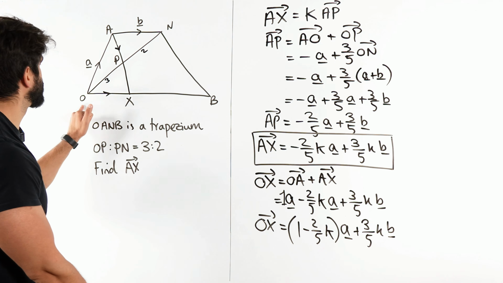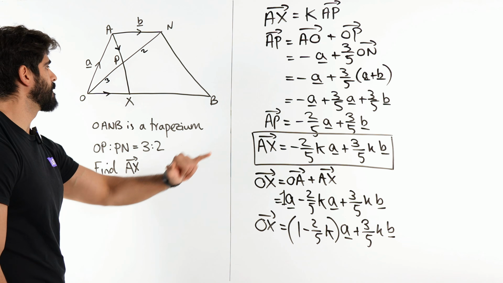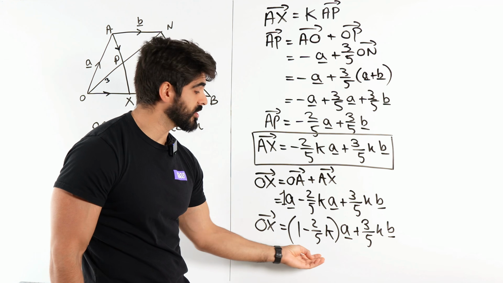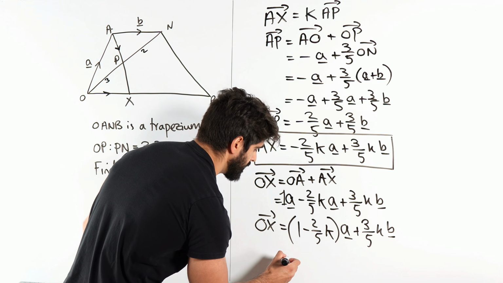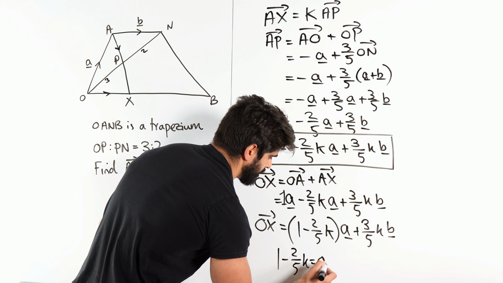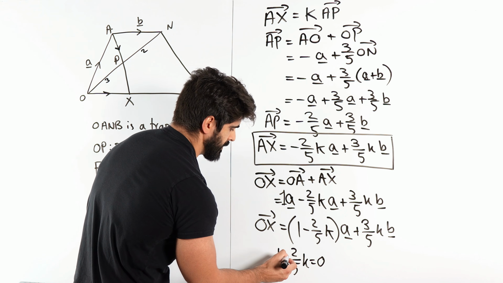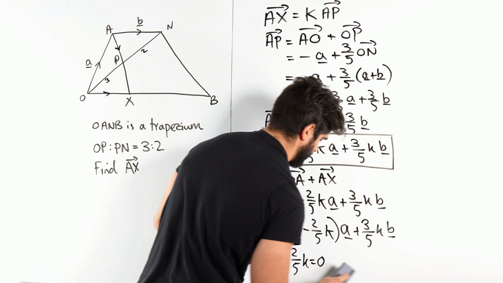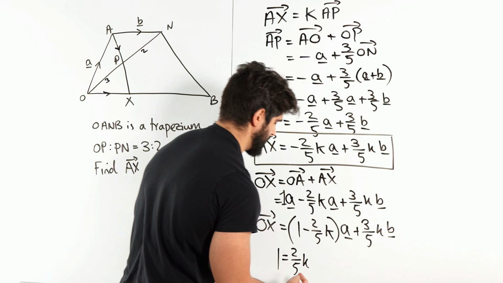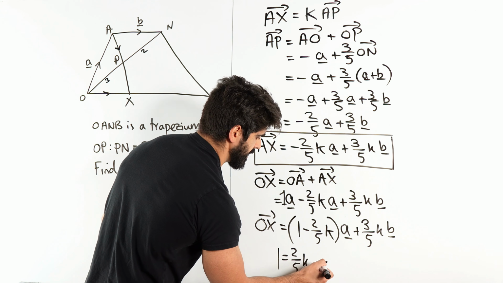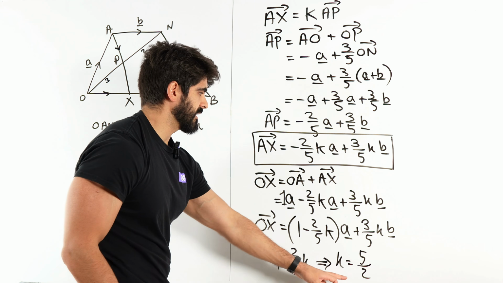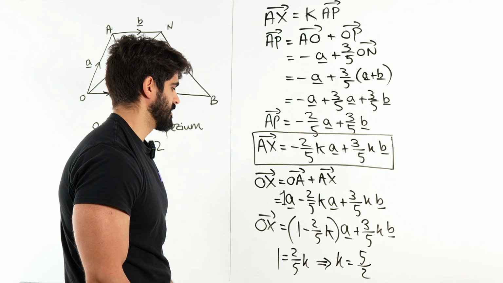I said OX is horizontal. It's parallel to B. It means this A term should not exist. So all we're going to do is set that coefficient to be 0. So we have 1 minus 2/5 K is 0. When you rearrange, it will become 1 equals 2/5 K. And then we times by 5 divided by 2. There's our K value. Sick. Now we take that, we're going to plug into here, and then we're done.